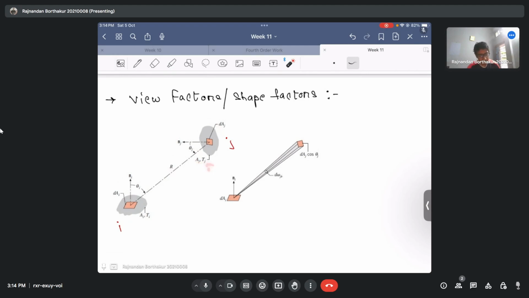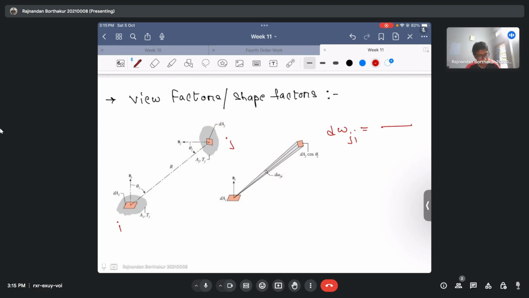From this figure, you can understand that both these surfaces will subtend corresponding solid angles onto one another. For instance, the solid angle subtended by the surface j onto the center of surface i is d omega ji, as written in the figure.